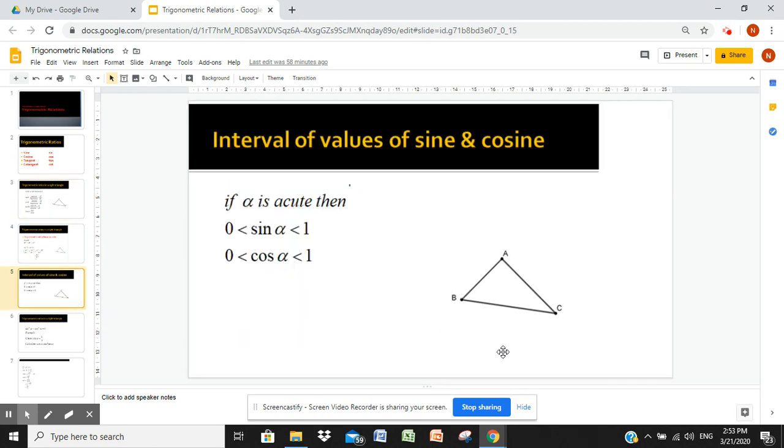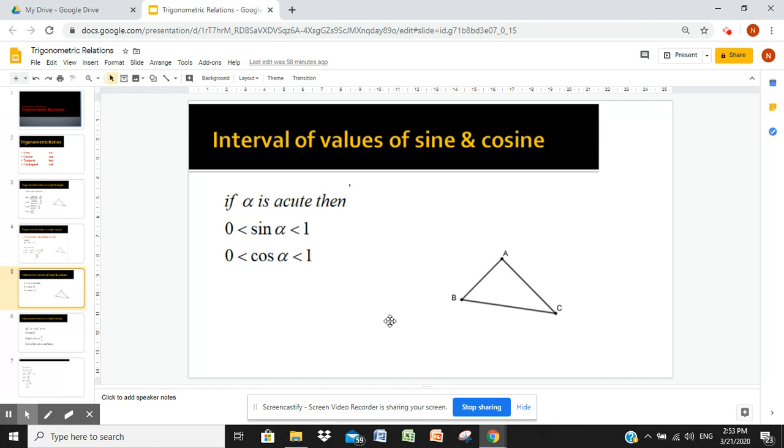Now, the sine is AC over BC and AC is smaller than BC, so the sine of angle B is between 0 and 1, since AC is less than BC.